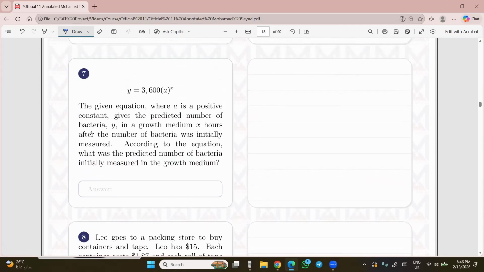Question 7, we have this exponential function. Whenever you have an exponential function like this, this number is always called the initial. I had a video before; you can refer to it to understand the exponential function and every component of it. When you have y is equal to a times b to the power of x, or maybe x over c, every one of these is associated with a word.